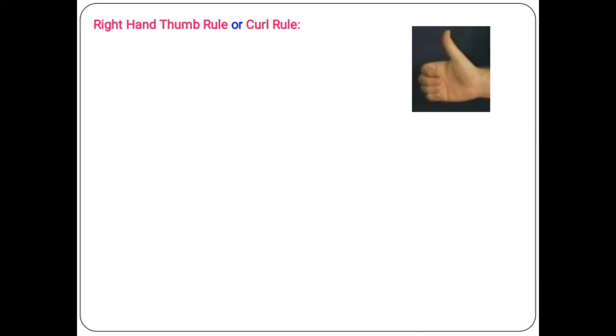The third one is the right hand thumb rule, or simply the curl rule. Curl means rotational. Take the right hand thumb.